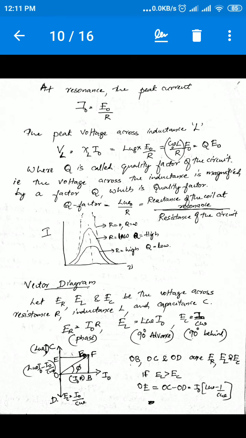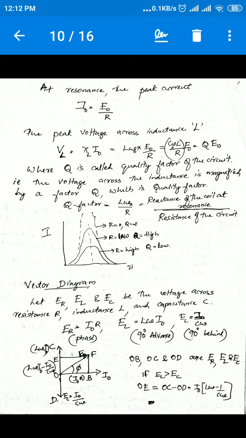You can see that the voltage across the resistance R is in phase with the applied voltage, the voltage across the inductor is 90 degrees ahead of the applied voltage, and the voltage across the capacitor is 90 degrees behind, lagging the applied voltage.